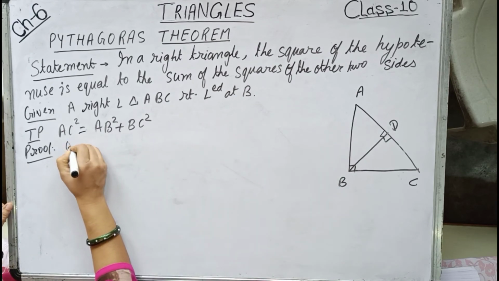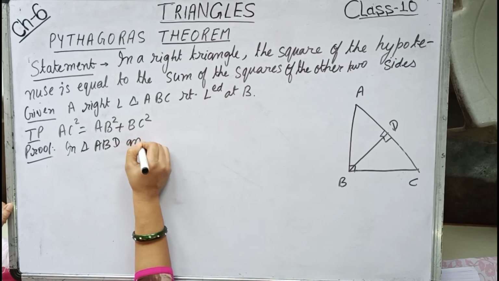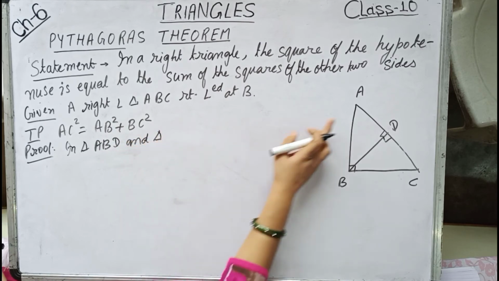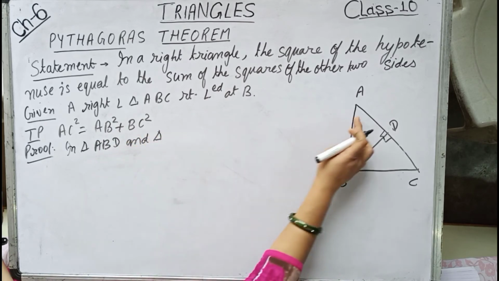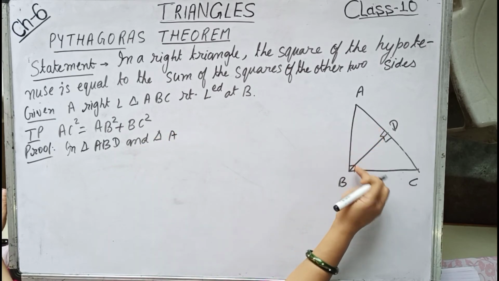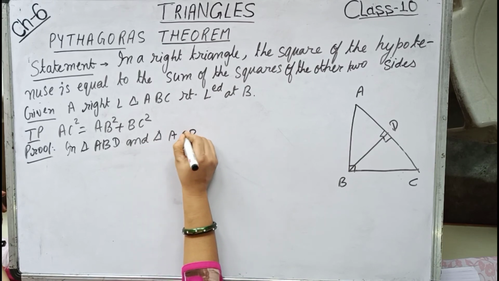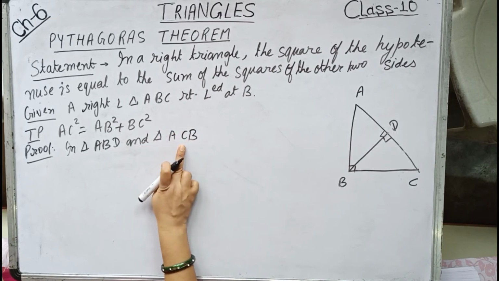So let us start. In triangle ABD and triangle ACB. Now for the bigger triangle we will have to name A as A, D is 90 in the smaller, and B is 90 in the bigger. So B, and C in the left place.